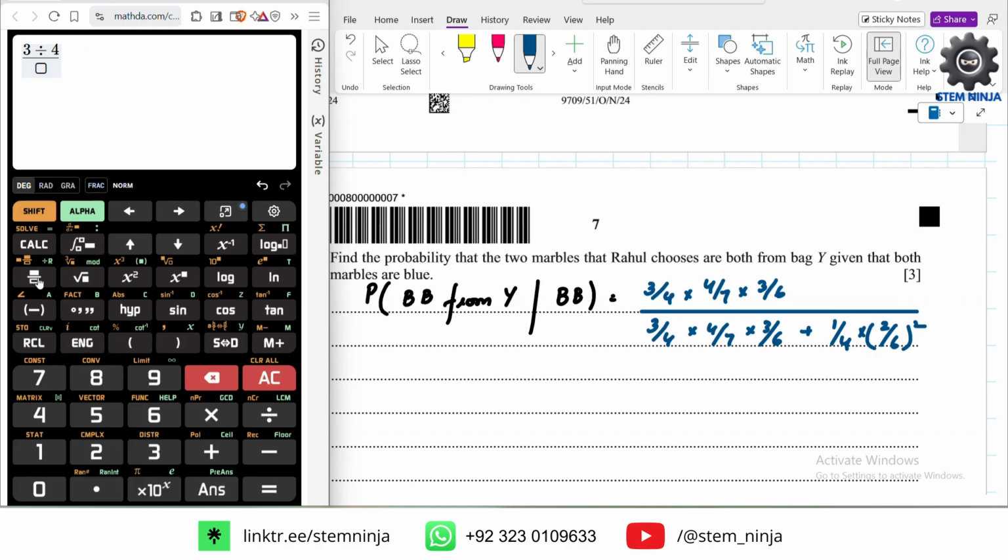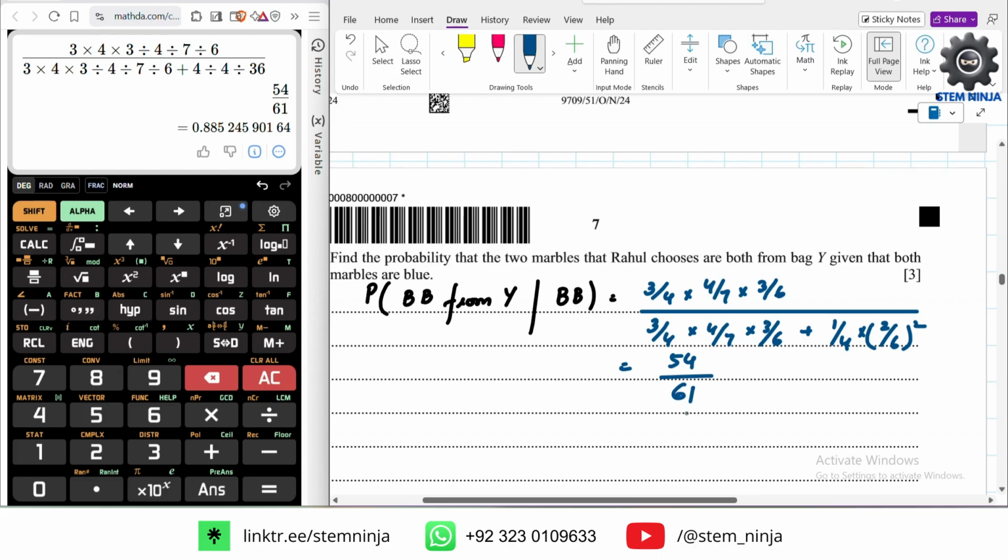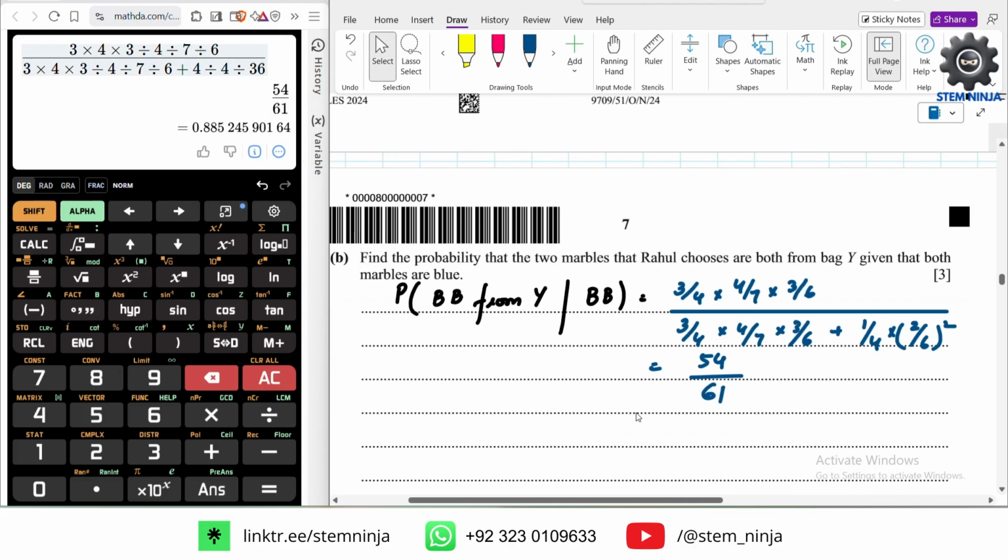Oh, sorry, no. 3 times 4 times 3 divided by 4 divided by 7 divided by 6 plus 4 divided by 4 times 36 divided by 4 divided by 36. 54 over 61. Right, so that is question number 5.